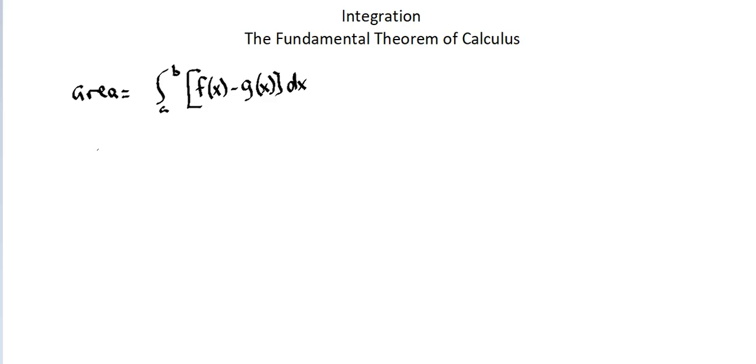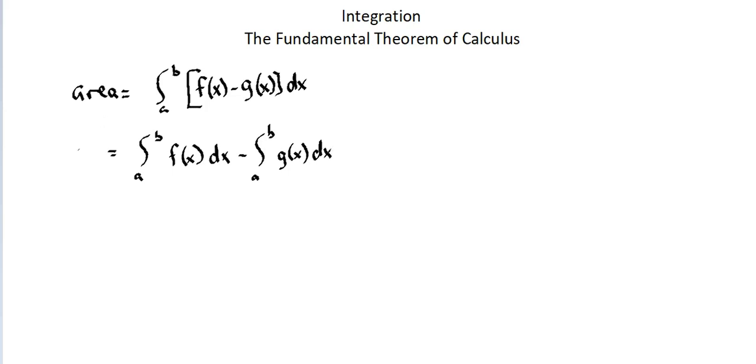And based on rules of integration, this is the same as the integral from a to b of f of x with respect to x, minus the integral from a to b of g of x with respect to x. So we're going to integrate two functions, calculate the definite integral values, and subtract to get the area between the two functions.